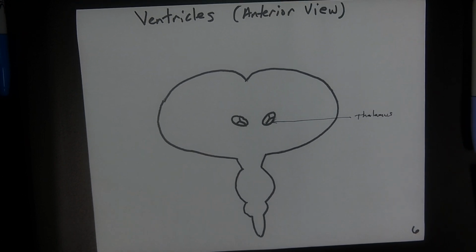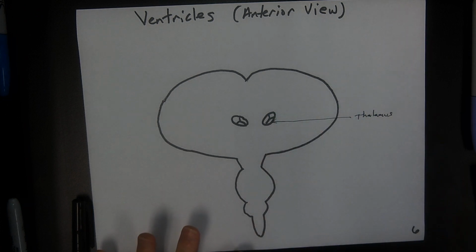This is supposed to give you a reference point for where we are. It's going to be an important nucleus for sensory information when we get later on in the course. Now, the third ventricle, I drew it as a box before, but this time I'm going to draw it as you see it from the front.